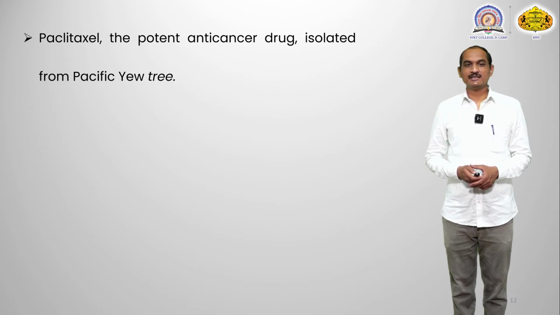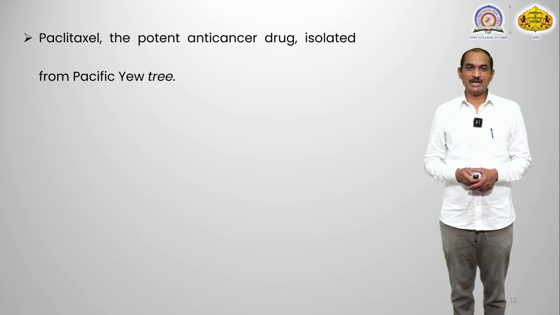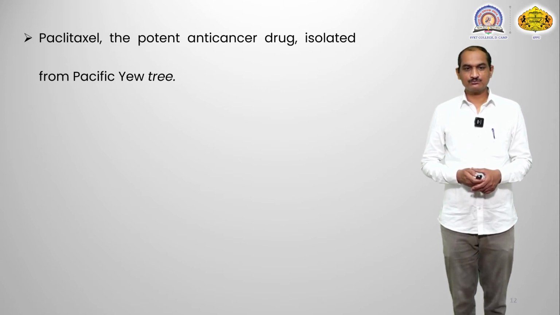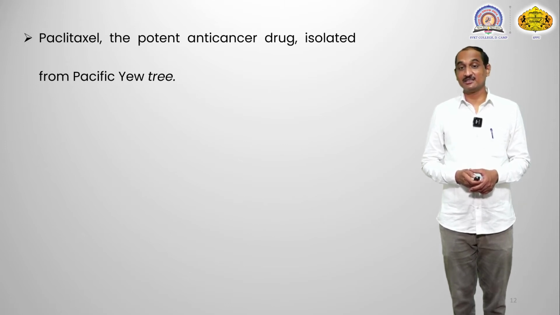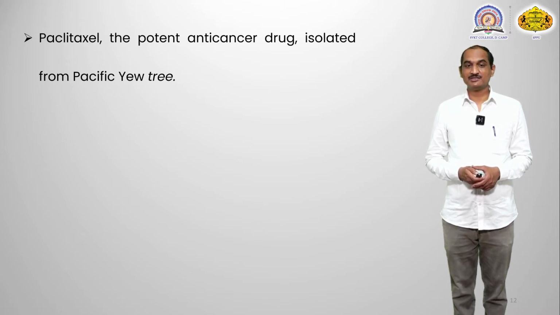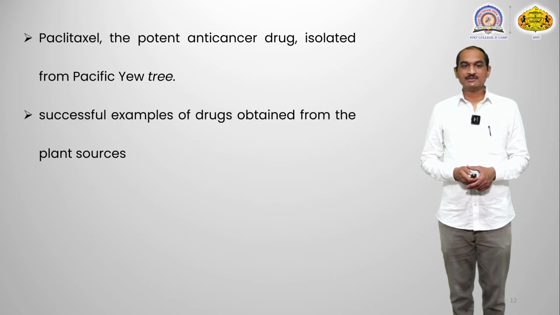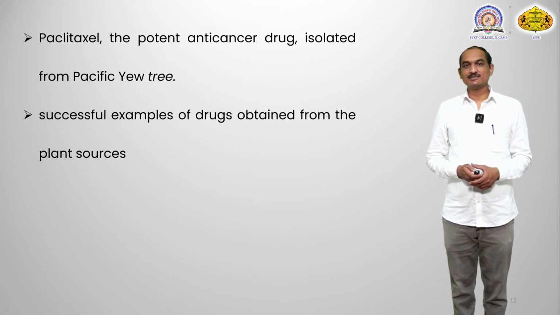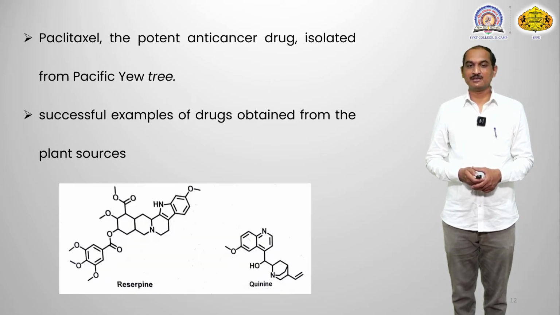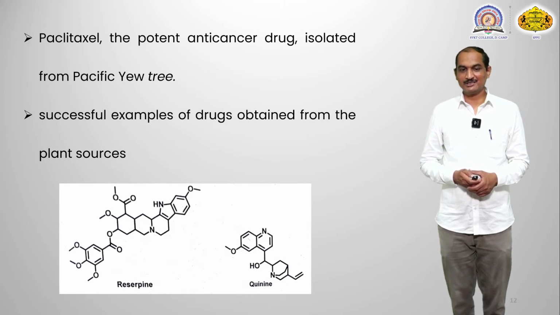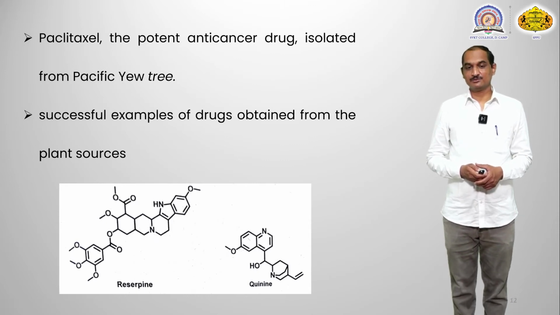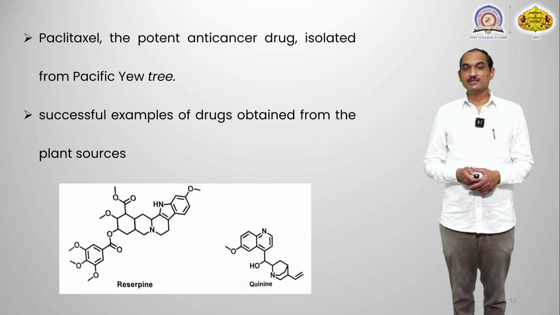We can take another example, paclitaxel, a potential anti-cancer drug which is isolated from the Pacific yew tree. Okay, all these are some successful examples of drugs obtained from different plant sources. This is the structures of quinine and reserpine isolated from plant sources.